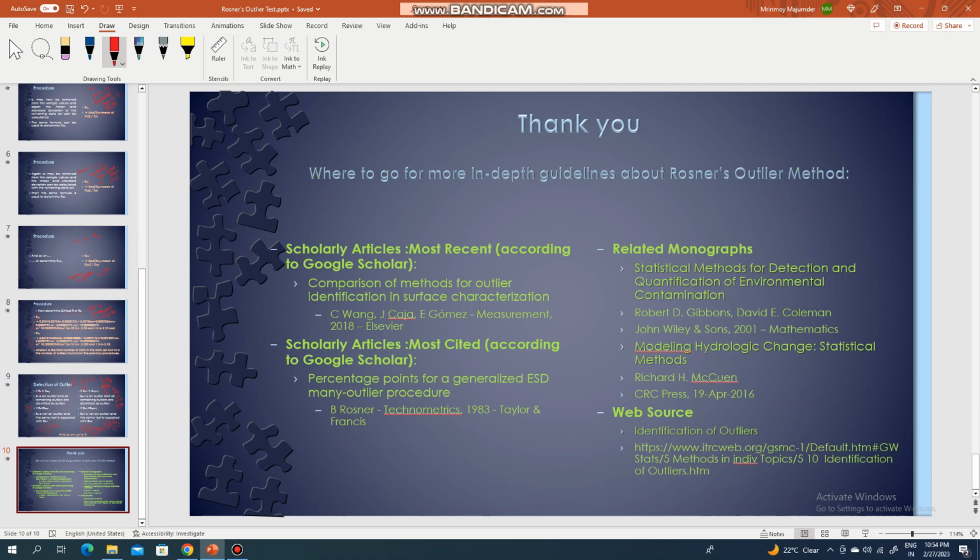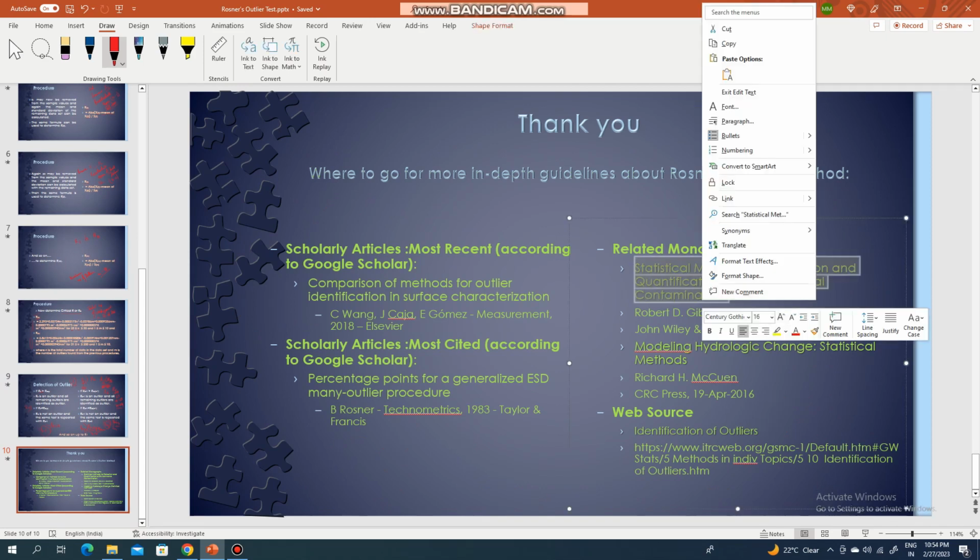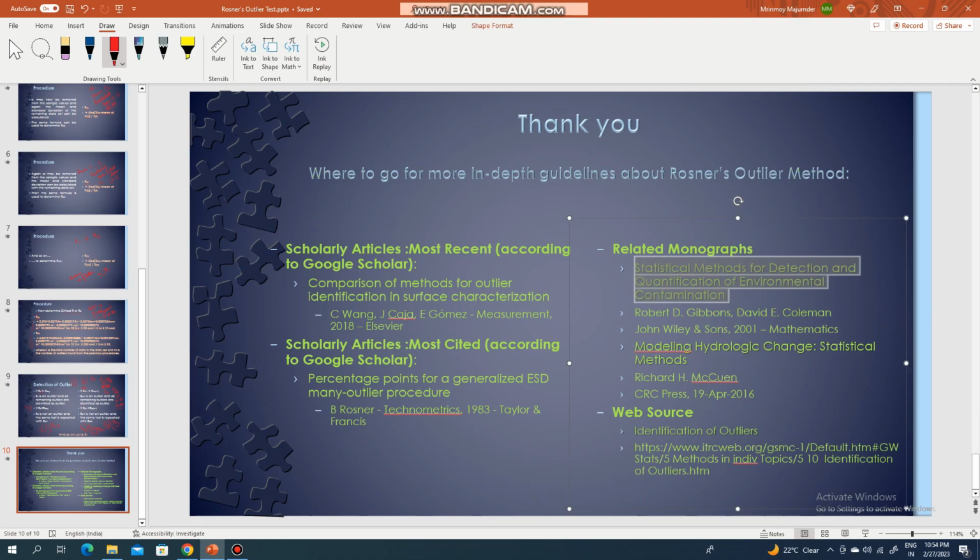You can also refer to the monograph Statistical Methods for Detection and Quantification of Environmental Contamination, written by Gibbons and Coleman and published by Wiley and Sons in 2001. It is a very good method and a very good monograph.